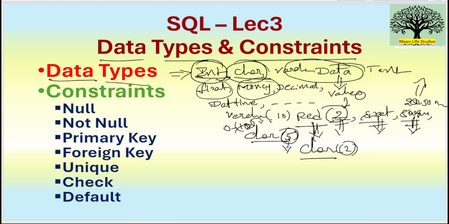If it is a name, then it is varchar. If it is a salary, then we can use integer or money. If it is a joining date, then we will be using date time. If it is an interest, then we can use float or decimal. Likewise, we will be having different data types to define that particular column.